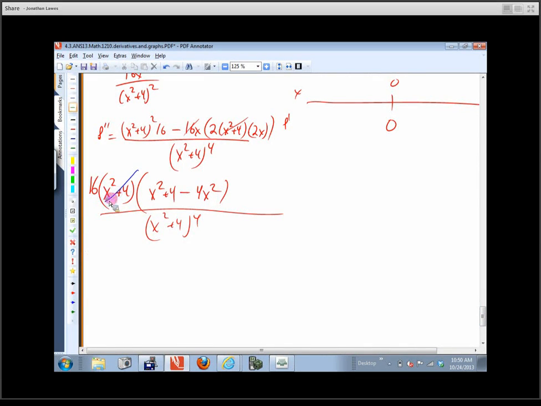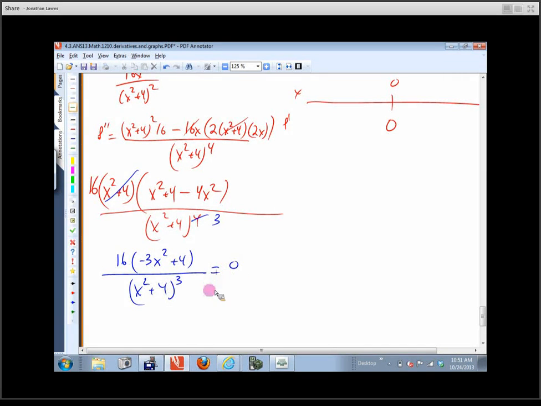I'm going to cancel this with one of those, so that's going to be to the third. And then I'm going to clean this up just a little bit. That's a 16. This is a minus 3x squared plus 4 all over x squared plus 4 raised to the third. With me there? Okay.